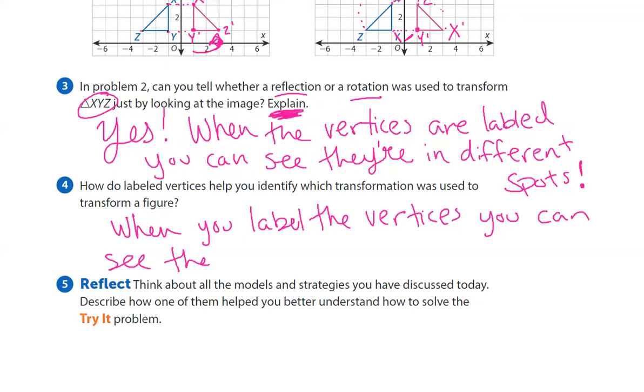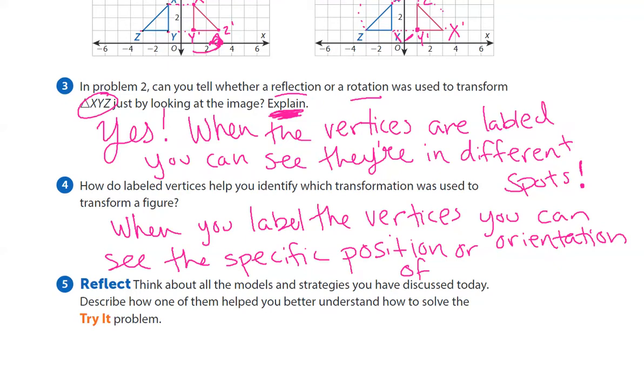Okay, I did work in specific. The specific position or orientation of the image. And remember, image means the copy, the new one.